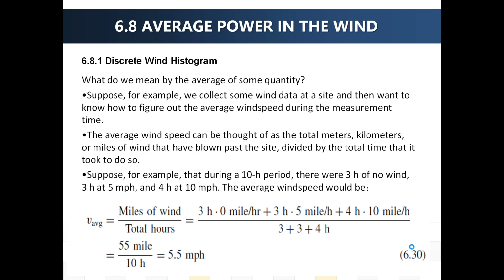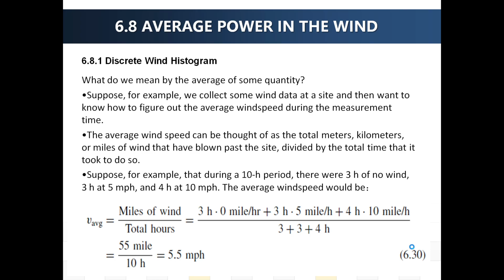The average wind speed V average is equal to the total miles of wind divided by the total hours. Since 3 hours have no wind, that is 3 multiplied by 0, plus 3 hours at 5 miles per hour, 3 multiplied by 5, plus 4 hours at 10 miles per hour, 4 multiplied by 10.